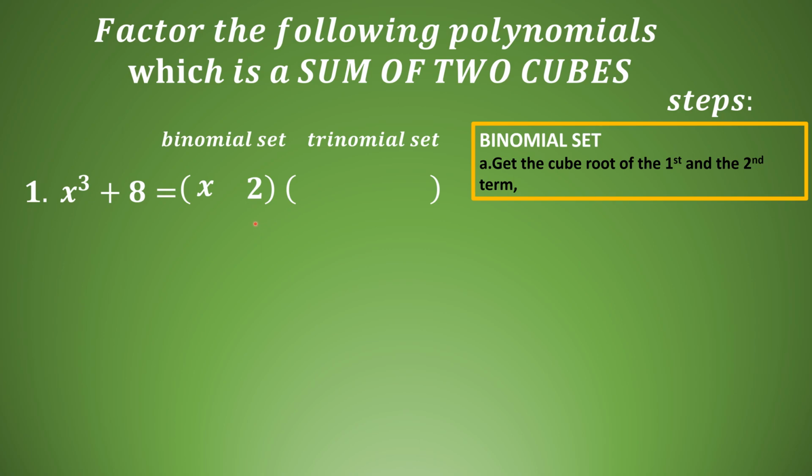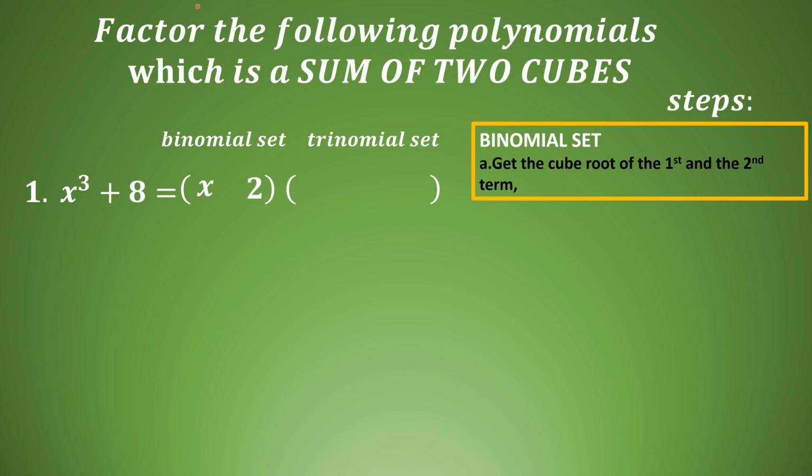And then at the same time, 2 is the cube root of 8 because 2 multiplied 3 times by itself, 2 times 2 times 2, will give us 8. So therefore, 2 is the cube root of 8.